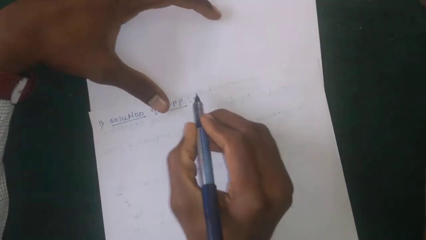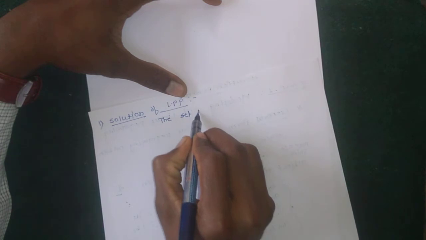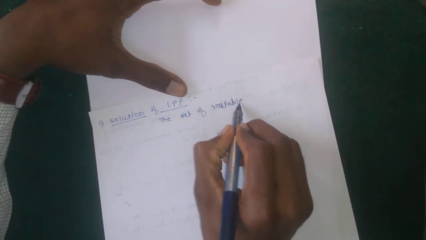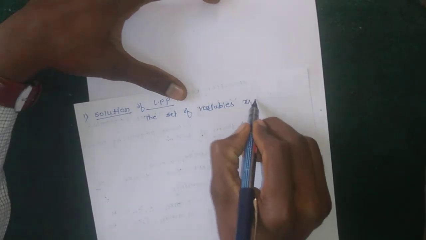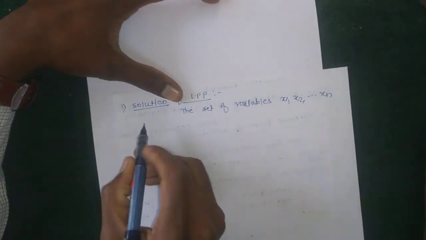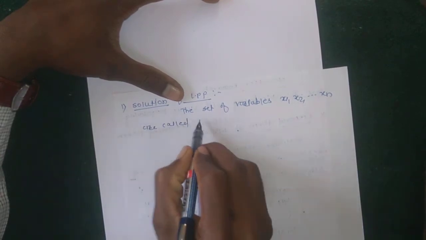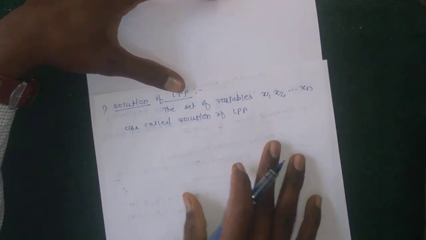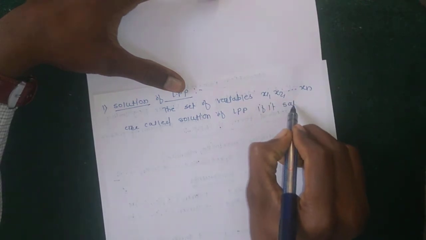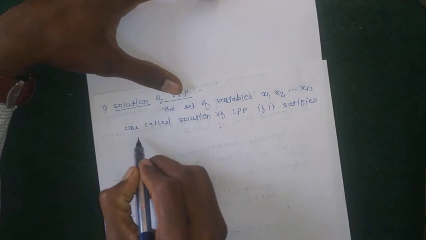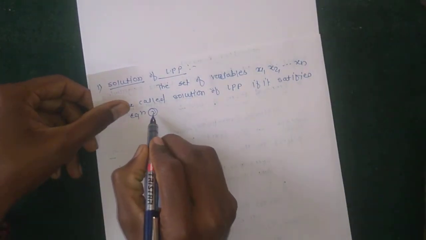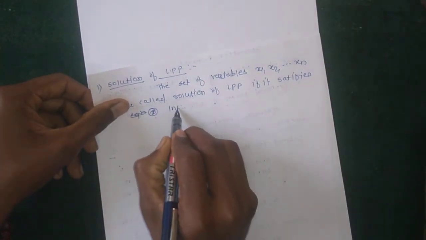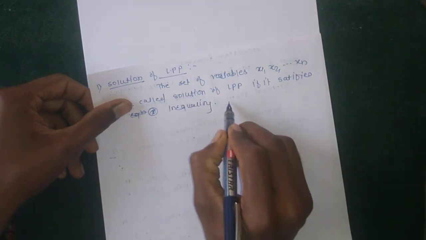Okay, so the definition: the set of variables x1, x2, up to xn are called a solution of the LPP if it satisfies equation 1 and equation 2, the constraint equations, that is, the inequality 2.